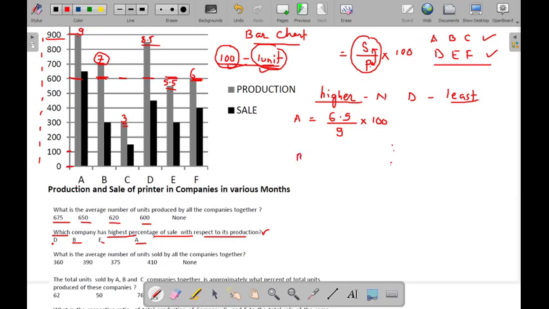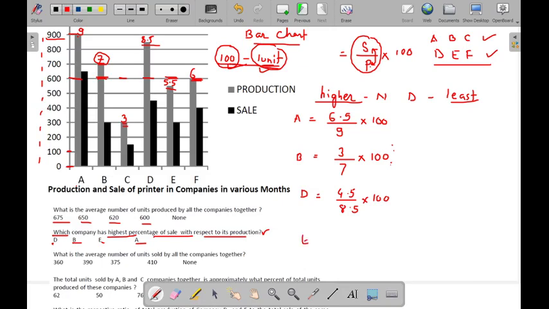Company B: the sale of company B is 3, and the production of company B is 7, into 100. Company D: the sale of company D is 0.5 and the production of company D is 8.5, into 100.